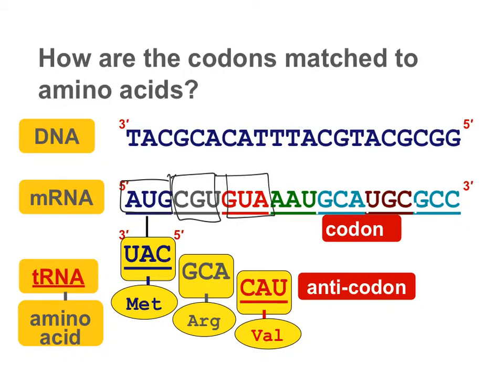Remember that these are specific from the transcription of a DNA sequence, but on one end of the tRNA molecule is a complementary anticodon. The anticodon is complementary to the codon. The other unique part of the tRNA molecule is that it also carries the specific amino acid that we were talking about.